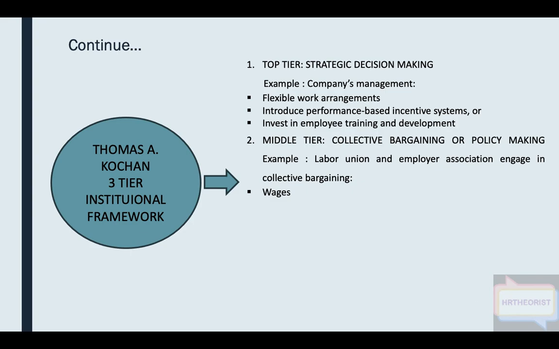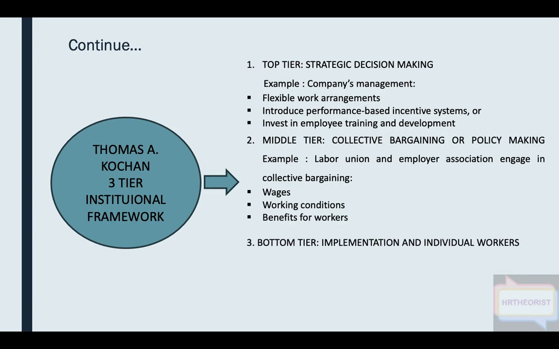So let's say a labor union and an employer association engage in collective bargaining, that is wages, to determine the wages, working conditions, benefits for workers in a particular industry. So these negotiated agreements set the standards and rules that govern employment relations and impact the rights and obligations for both employers and employees.